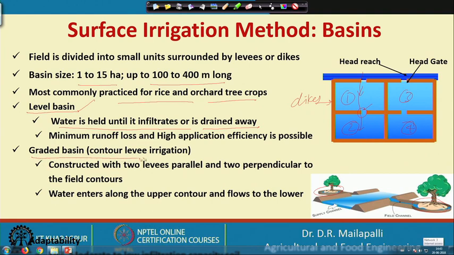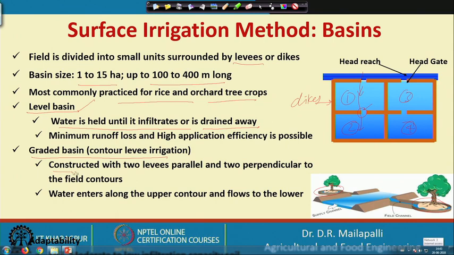And the next is the graded basin or contour basin. As I mentioned for borders, the graded basin will have some uniform slope, and also the contour levee irrigation. In this, the dikes or levees are going to follow the contour lines.